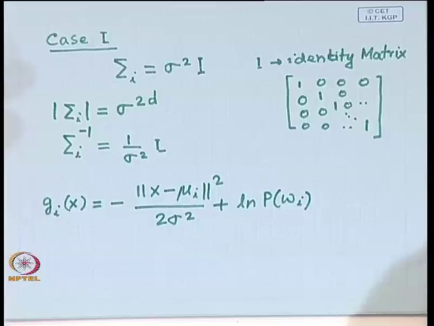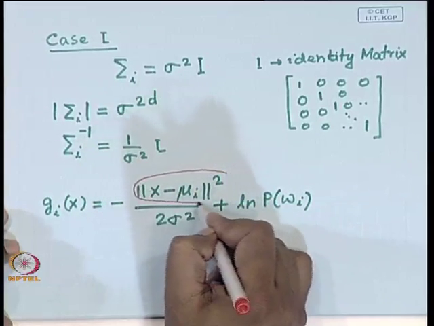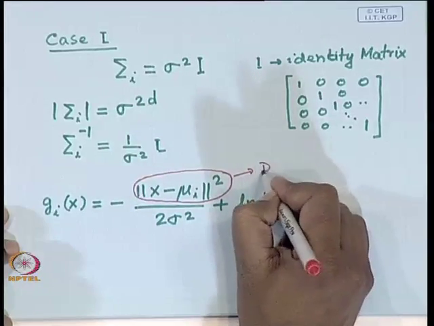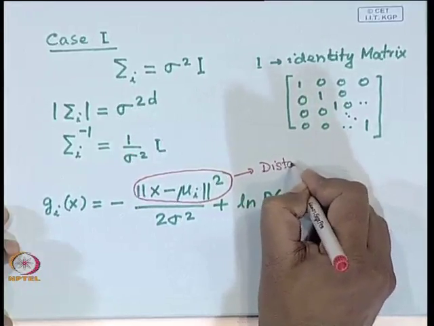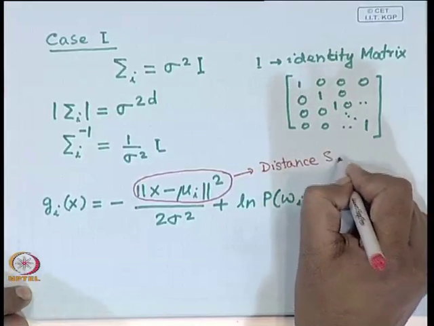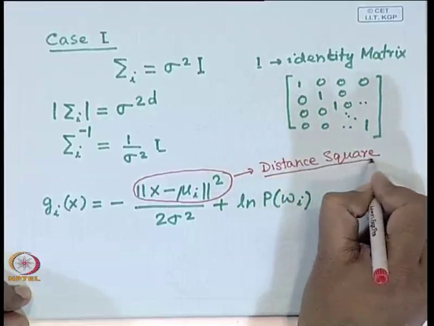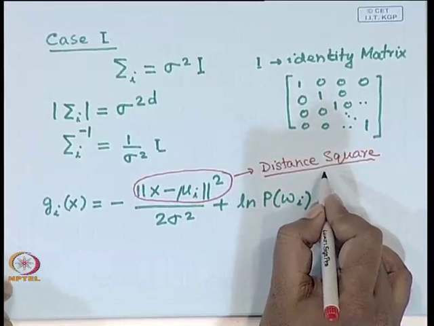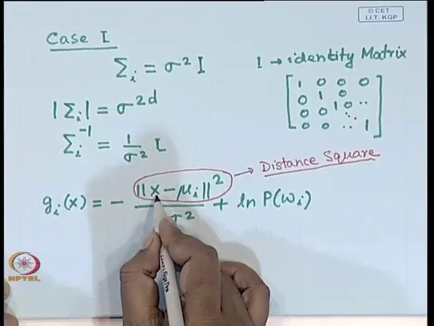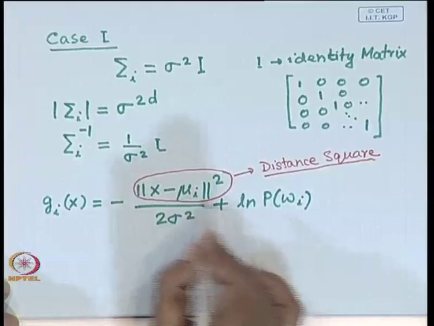So, what is this term? This is nothing but the squared distance of sample x from the mean vector μ_i.